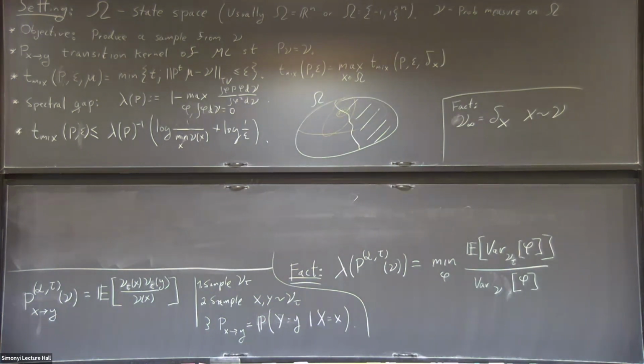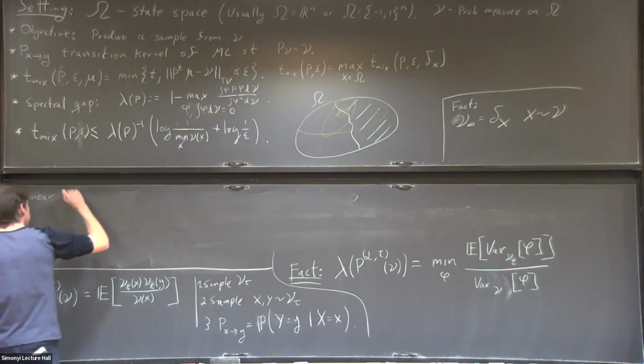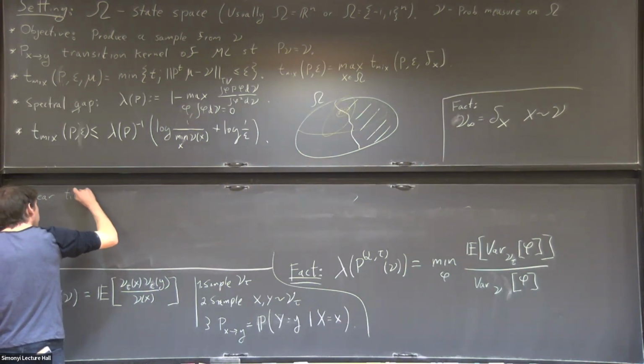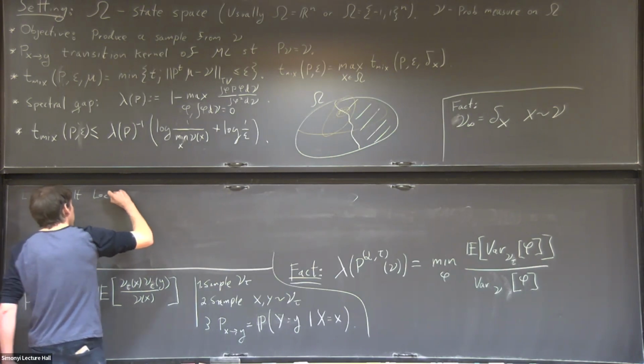Good. So now let me define, which I also briefly mentioned, a natural family of localization schemes that will be very useful for us. We call it linear tilt localization schemes.